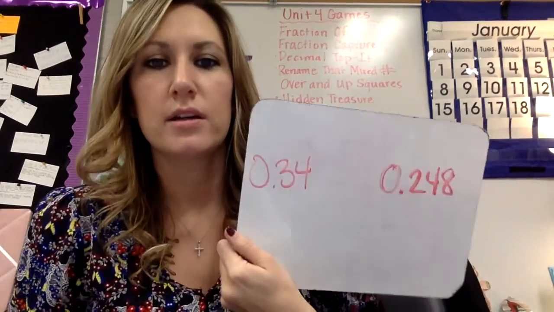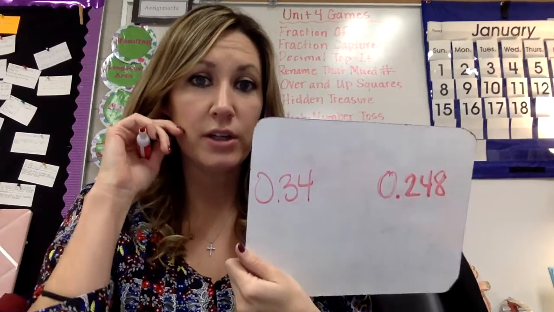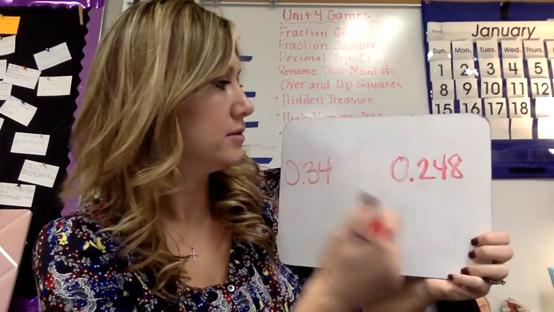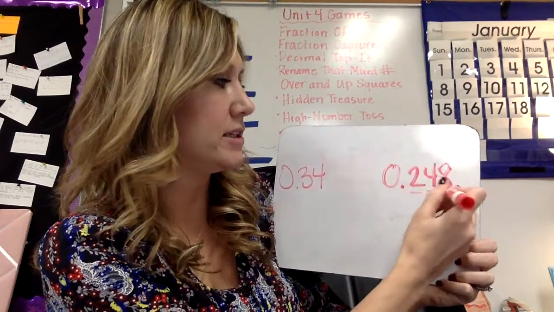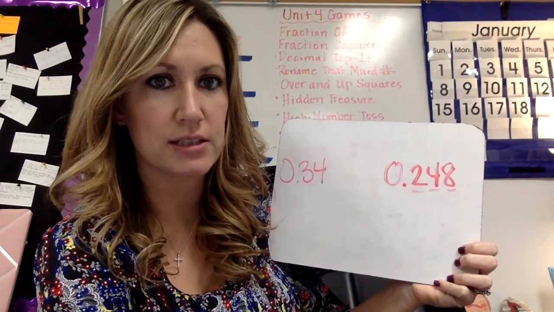So today, let's say that you had the numbers 34 hundredths and 248 thousandths. Initially, when you look at this number, this looks bigger, and the reason it looks bigger is because there's 3 digits after the decimal.